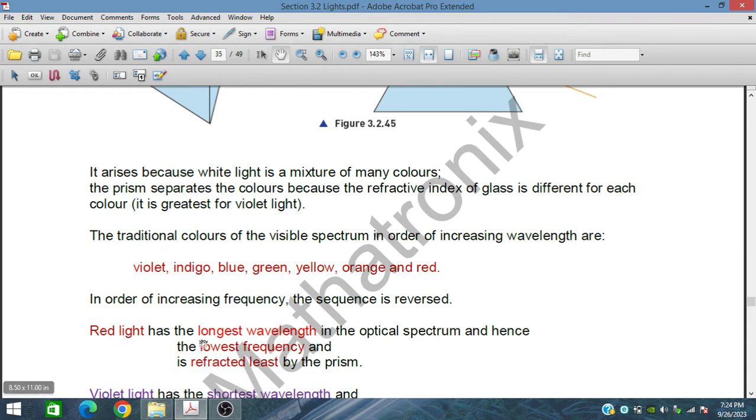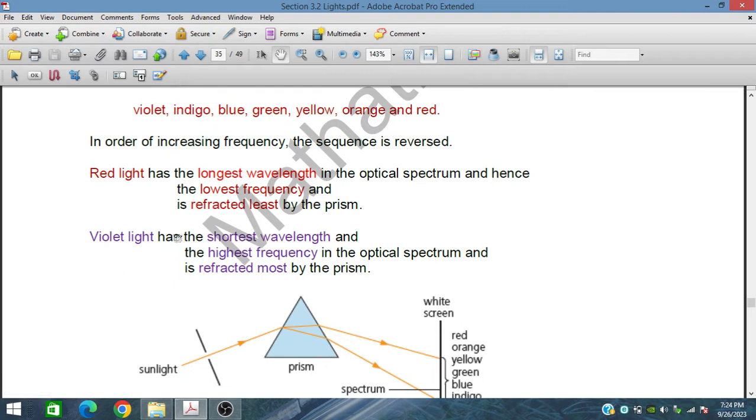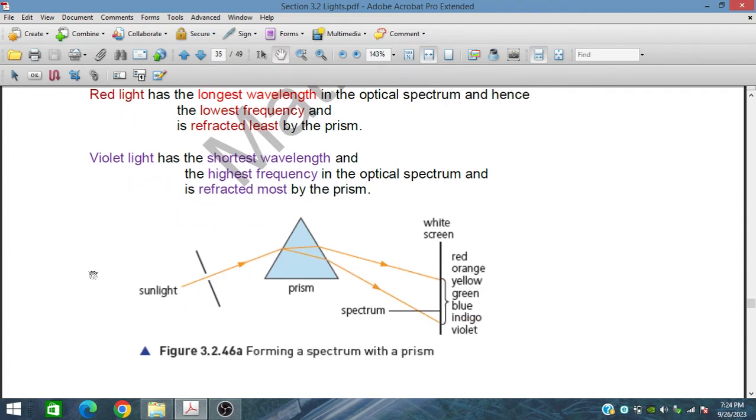So red light has the longest wavelength and lowest frequency, and is refracted least by the prism. Violet has the shortest wavelength and highest frequency in the optical spectrum and is refracted most by the prism. We can see this is red light and this is violet.